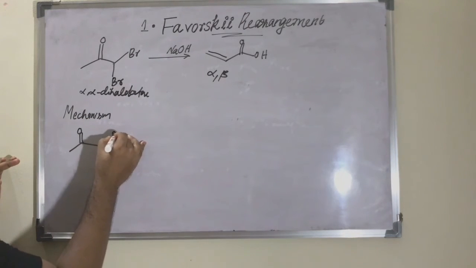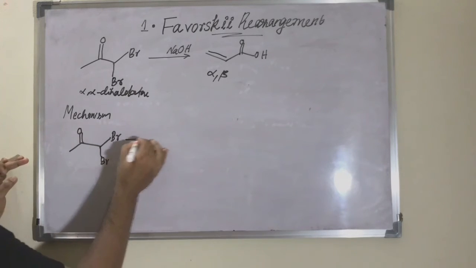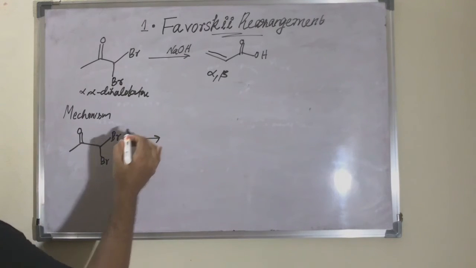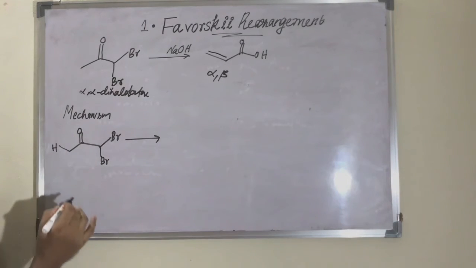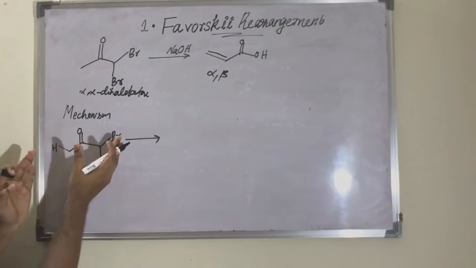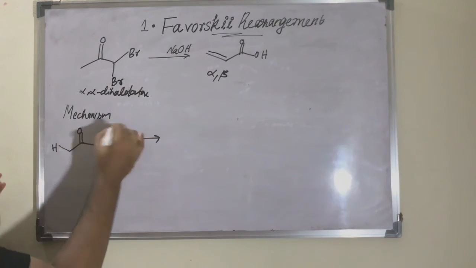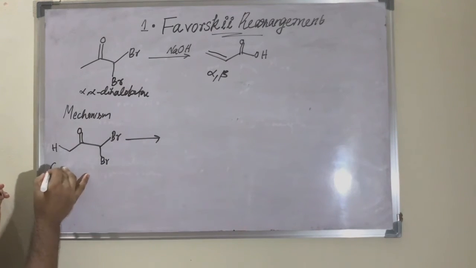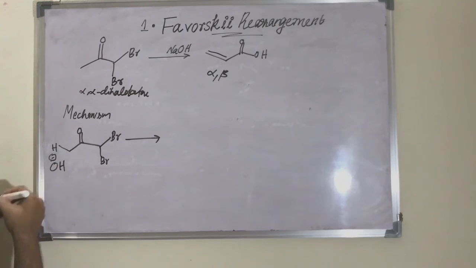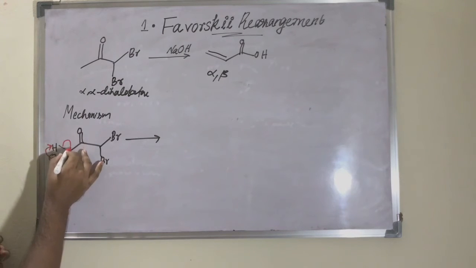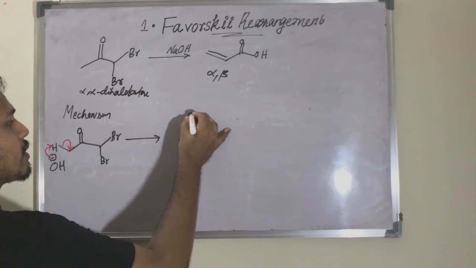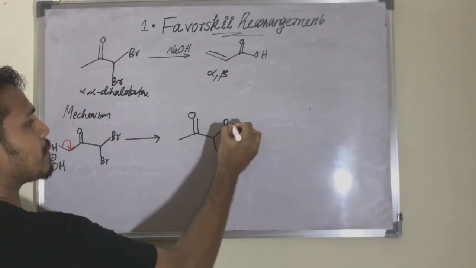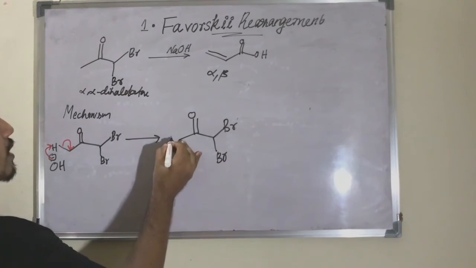Okay, mechanism. Here you have 2 bromine. When you treat with NaOH, you can see OH minus in the picture, and here you can have hydrogen. We already mentioned proton abstraction takes place at the position opposite to the halogen or leaving group. So your base comes into the picture, abstracts this proton, and you end up with the carbanion.